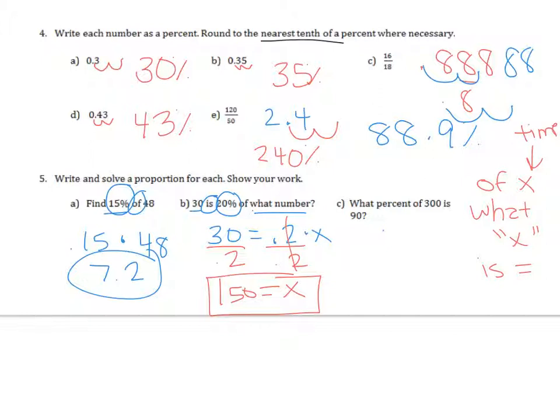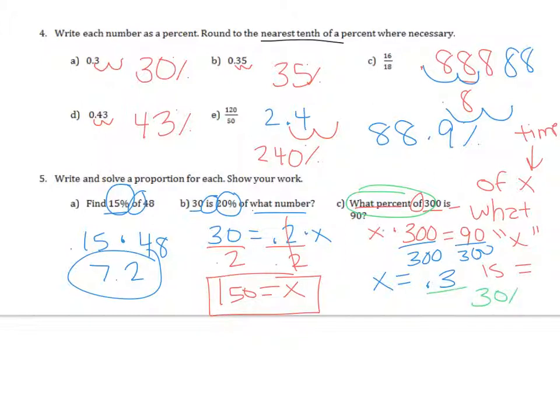And then, what percent x of, multiply 300, is equal to 90. So you divide both sides by 300. So x equals 90 divided by 300, which is 0.3. But the question said, what percent? So you have to change 0.3 to a percent. So the answer is 30%. Make sure you're reading about changing to percents.